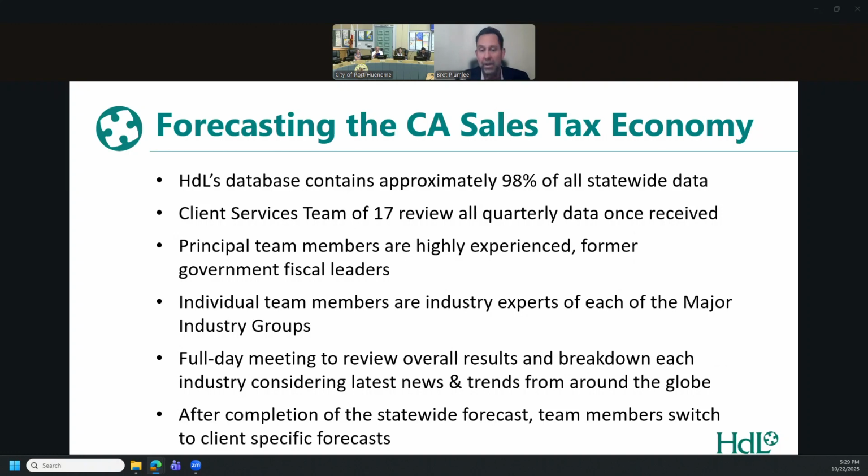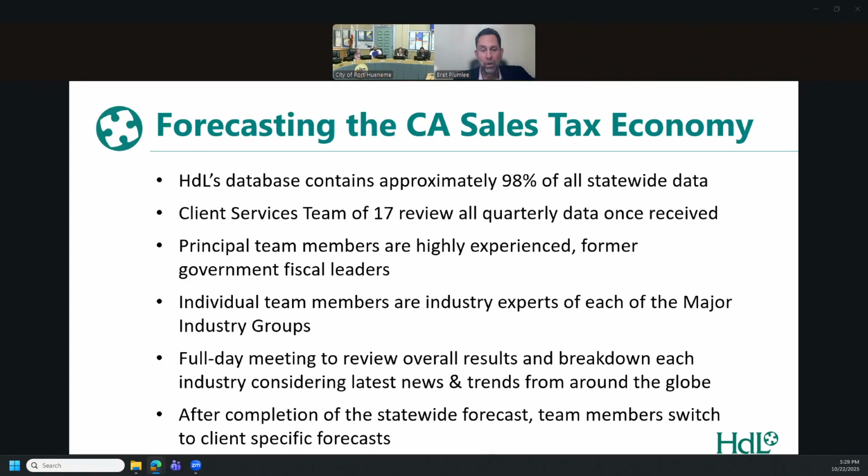So we've been in the trenches, we've done budgets, we know how it works on that end. And now I'm fortunate enough to be able to help agencies on this end, and it's really a lot of fun. But we have almost 100% of the statewide data. We look at it as a team once a quarter, we call it a consensus forecast, and we look at all of the 8 major industry groups.